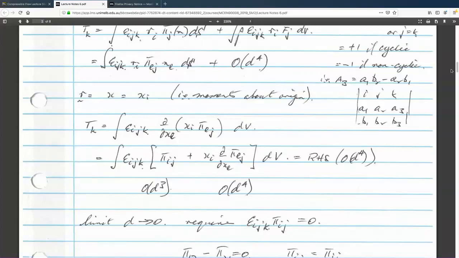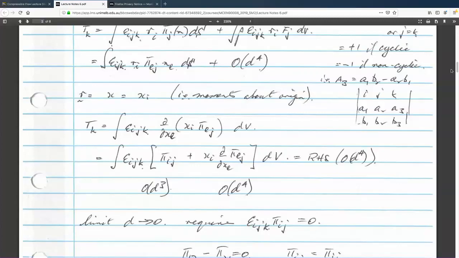Well, let's take the kth component, let's make it 3. It's telling you that i is 1 or 2 and j is 2 or 1. And one of them is cyclic and the other is anticyclic. So if I get pi 1,2, that would be positive, and pi 2,1 would be negative.